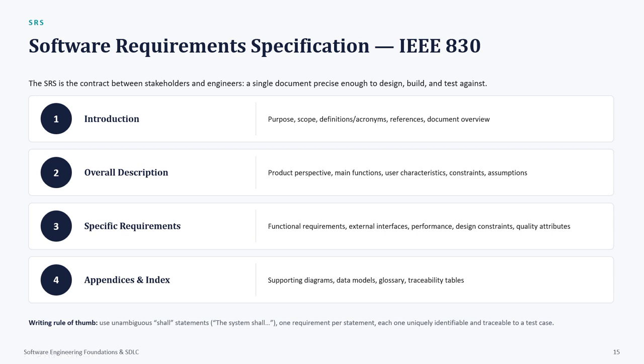Second one is overall description: product perspective, main functions, user characteristics, constraints, assumptions. Third one is specific requirements: functional requirements, external interfaces, performance, design constraints, quality attributes. Appendices and index: supporting diagrams, data models, glossary, traceability, and tables.